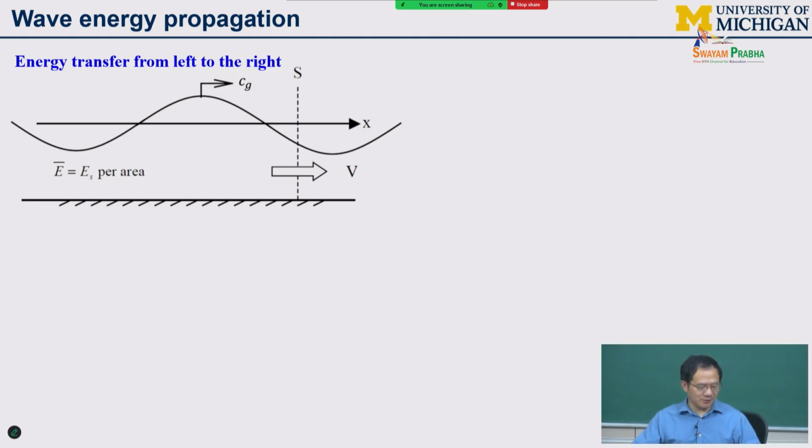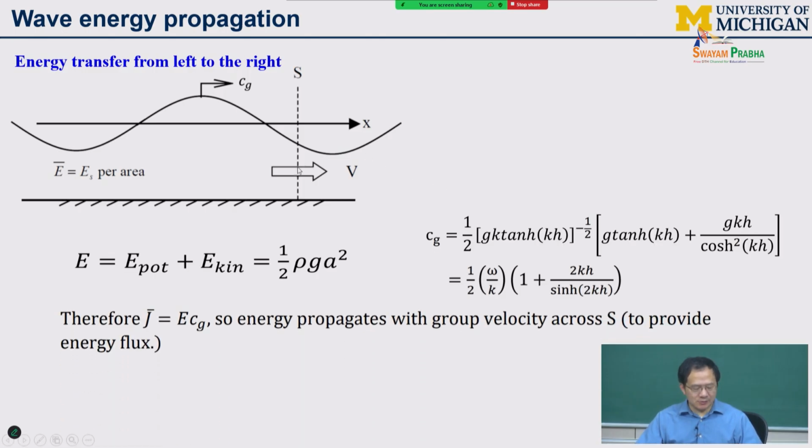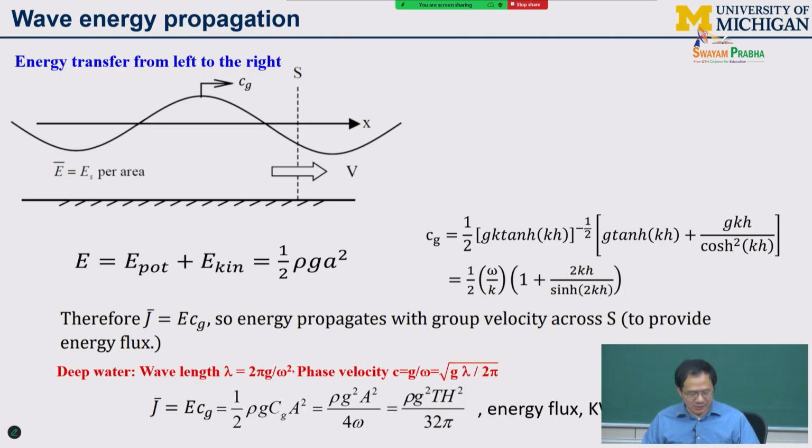Energy will transmit. That means the total energy over one period, one wavelength, 1 over 2 rho g A square, and actually the energy transmits at the speed of the group velocity.